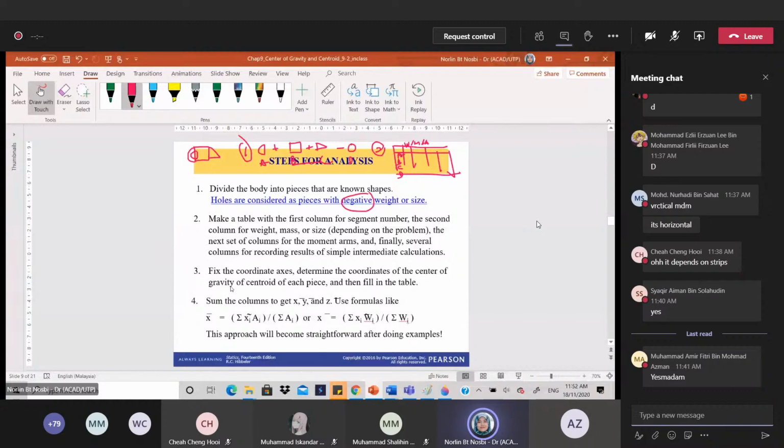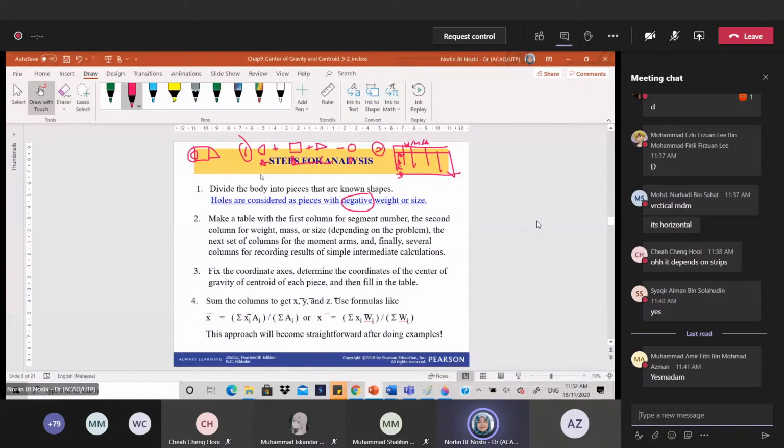Okay, third step. Fix the coordinate axis. Determine the coordinate of the center of gravity or centroid of each piece and then fill in the table. So you need to find the coordinates for each shape here.